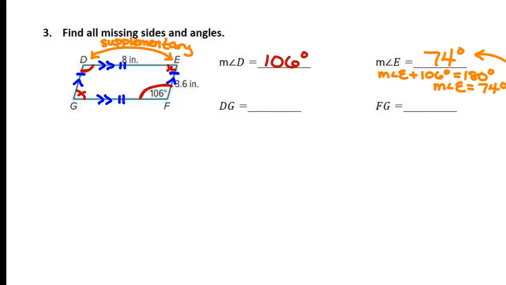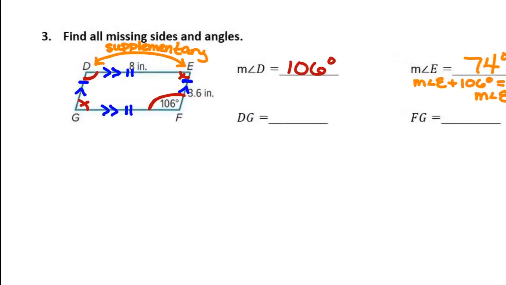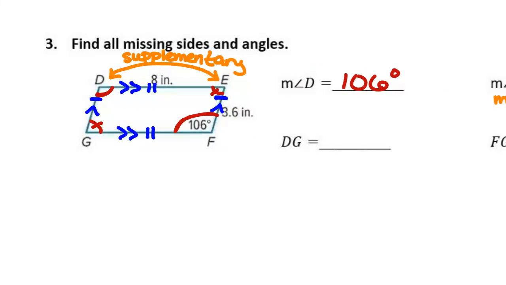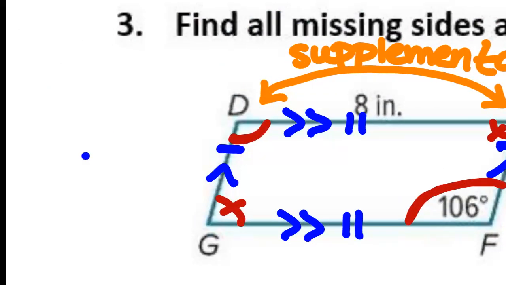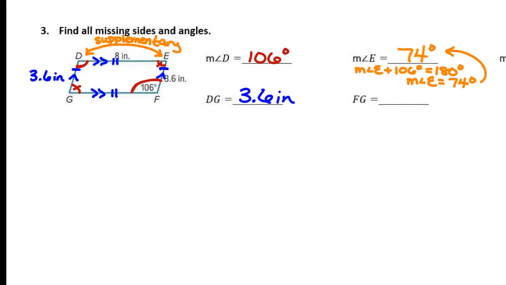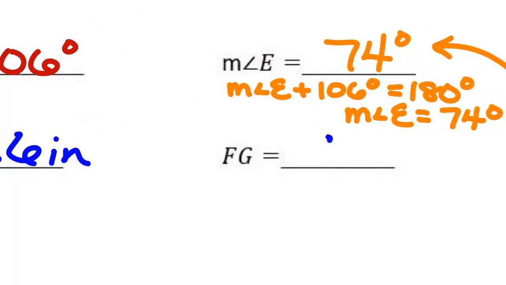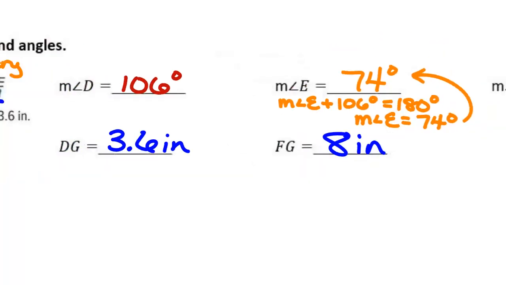All right, 2 more things to fill in here. What is the size of side DG? 3.6 inches. And what about FG? 8 inches, yes.